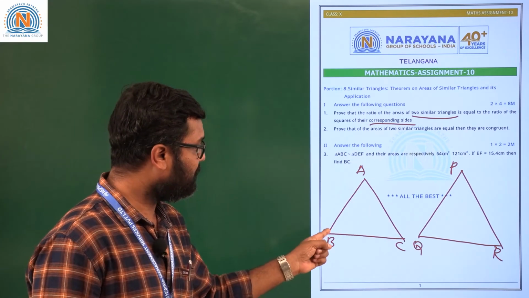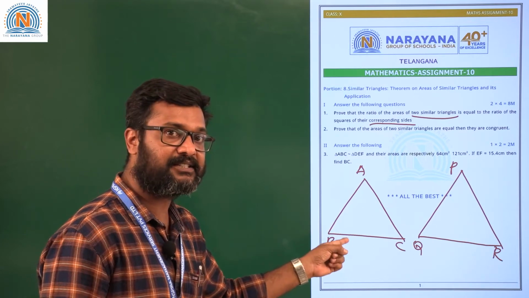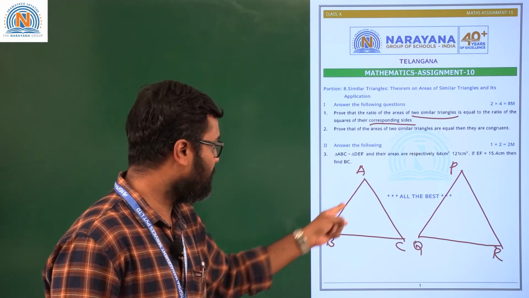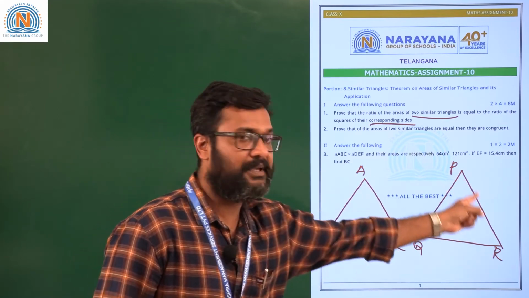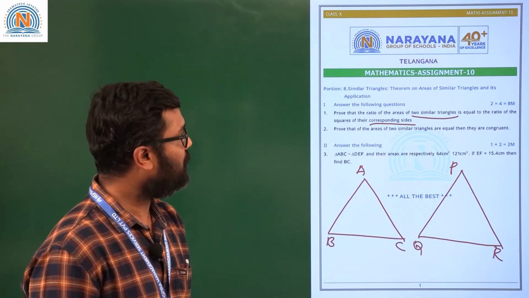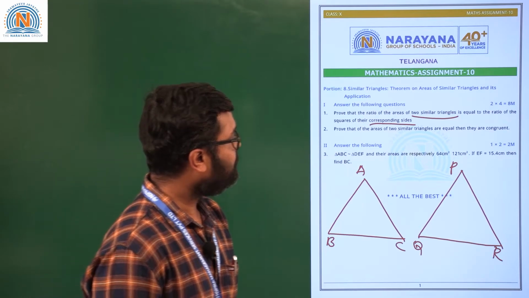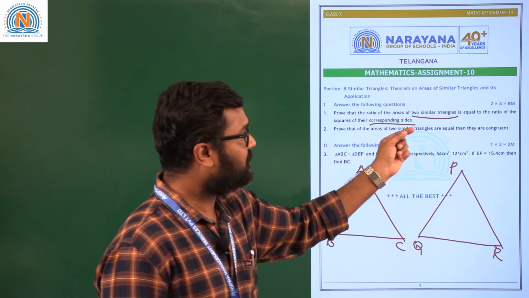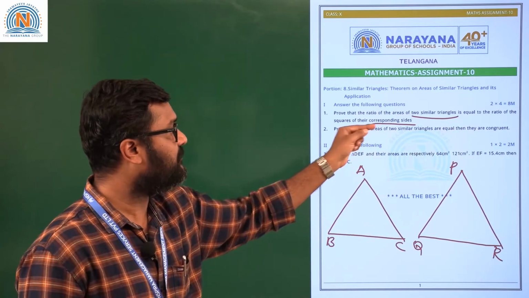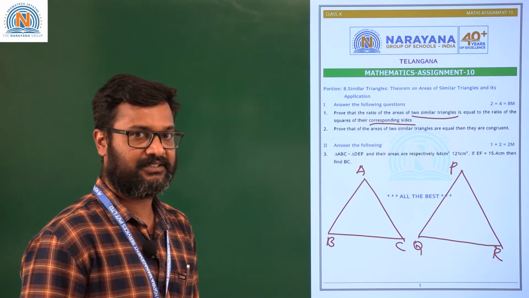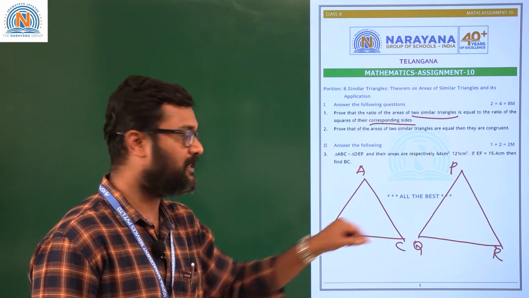We have three pairs of corresponding sides: AB, PQ; BC, QR; AC, PR. So the ratio of the areas of two similar triangles is equal to the ratio of the squares of their corresponding sides.